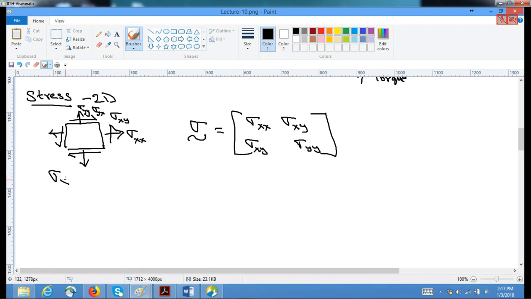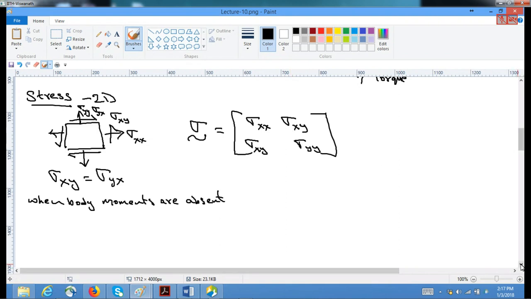Sigma xy is equal to sigma yx when body moments are absent. Because of this symmetry, we have these kinds of states.